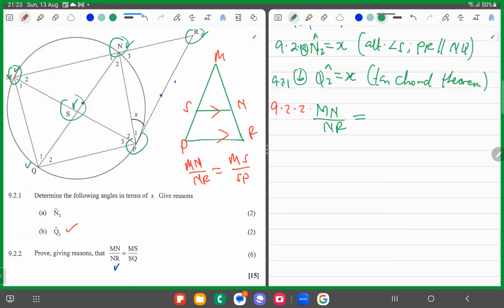I've just redrawn this triangle, not to scale, of course.